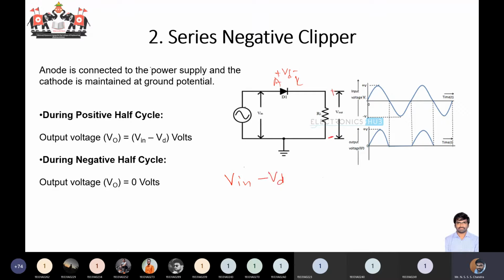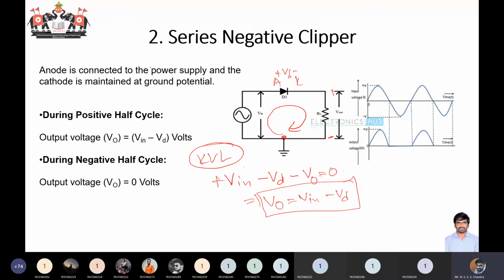Here again we are moving from the positive terminal of the output to the negative terminal. I'm taking the KVL in the clockwise manner. So plus Vin minus Vd minus V0 equal to 0. That's why your V0 will be equal to Vin minus Vd. All I am applying is the KVL equation.